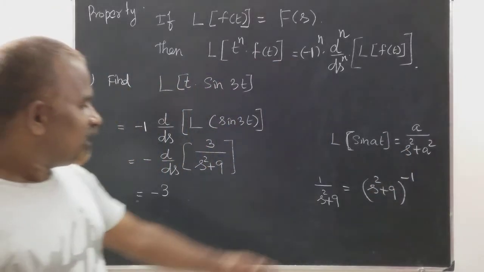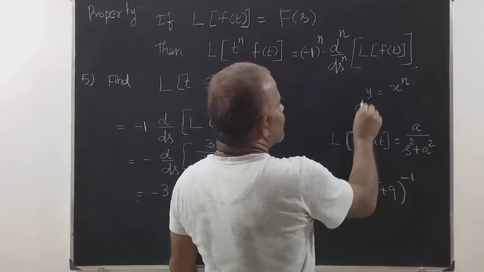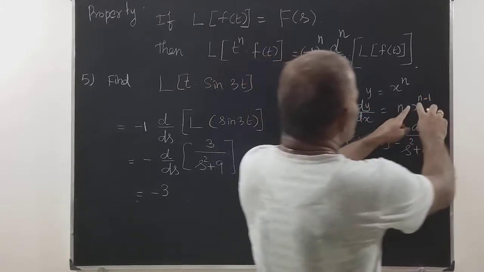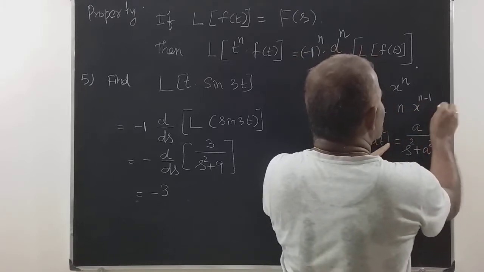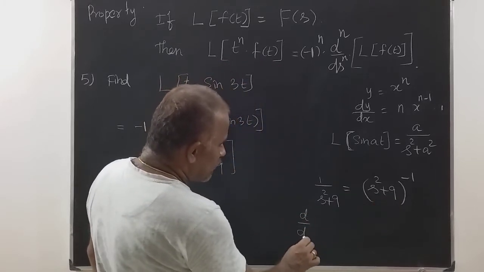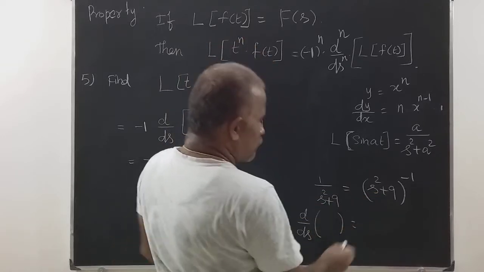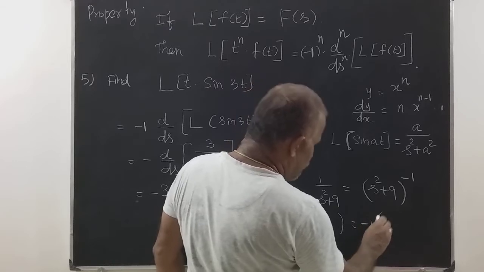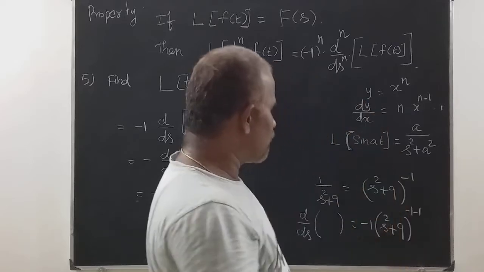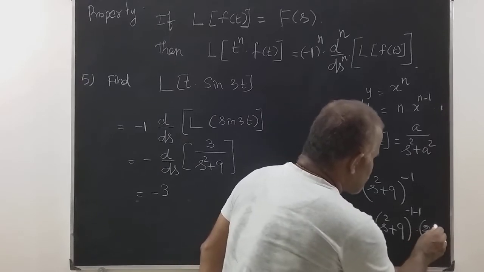For differentiating a function, suppose y is equal to x power n, dy by dx is equal to n into x power n minus 1 into the differentiation of the function. Similarly, d by ds of this function is equal to minus 1 into s squared plus 9 the whole power minus 2 into the differentiation of s squared plus 9, which is 2s.